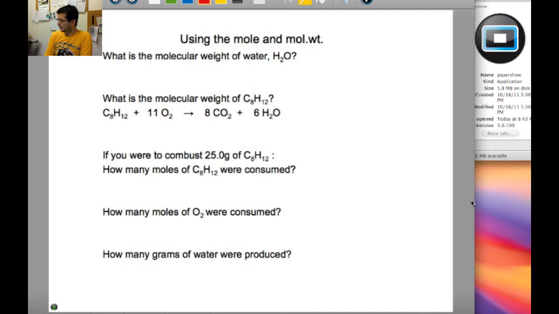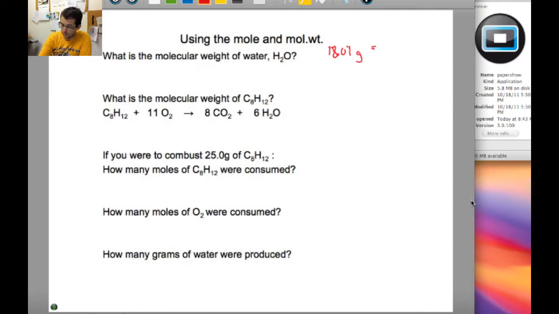So let's take a look at a series of chemical reactions. What is the molecular weight of water? The weight of one molecule of water. We know it's composed of 2 hydrogens, 1 oxygen. You run through the calculation and should get a value of 18.01 grams.